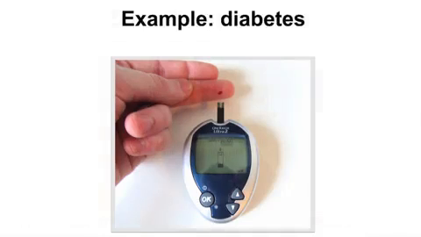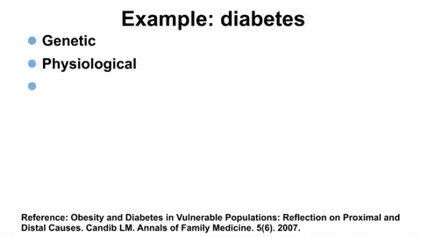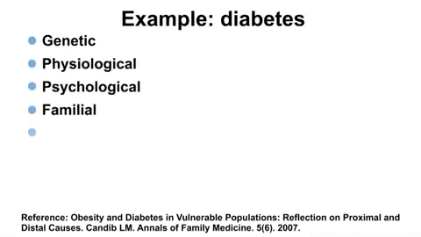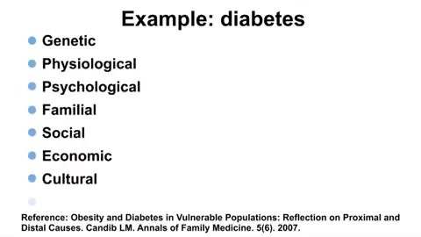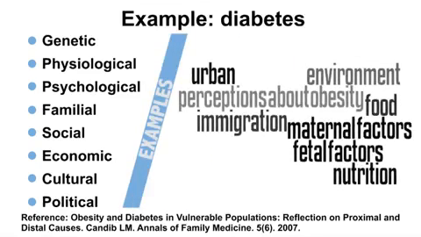Now we will discuss a different disease example, diabetes. The cause of diabetes may have genetic, physiological, psychological, familial, social, economic, cultural, and political aspects. For example, events that occur during fetal development and also maternal factors may influence whether someone gets diabetes later in life. Genetic factors play a role.